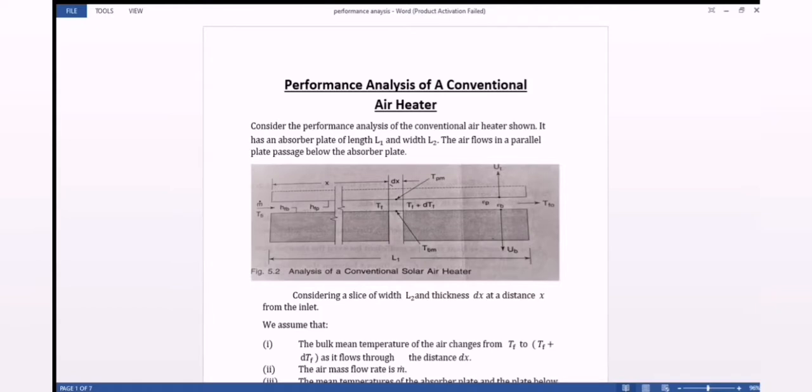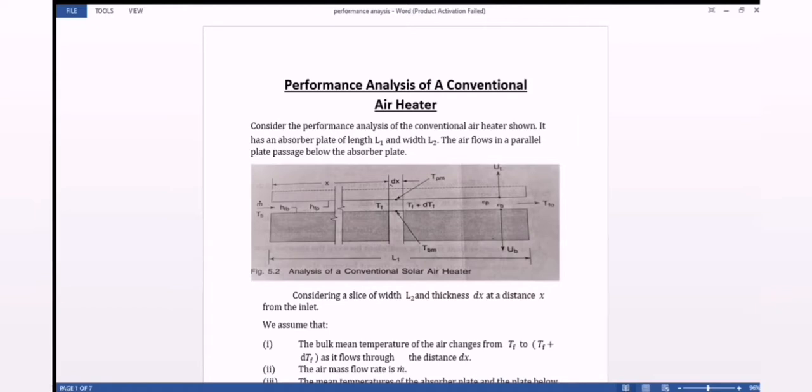Consider a slice of width L2 and thickness dx at a distance x from the inlet. We write the energy balances for the absorber plate, the plate below it, and the air flowing in between.